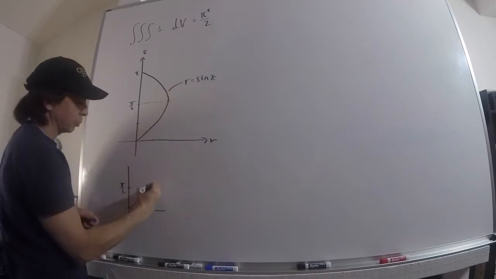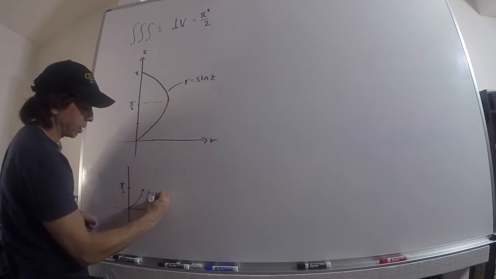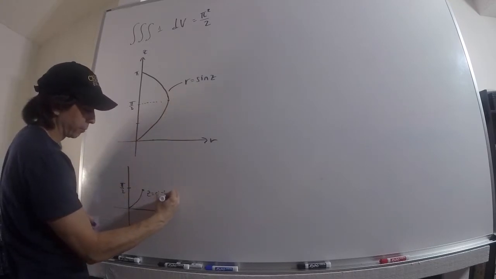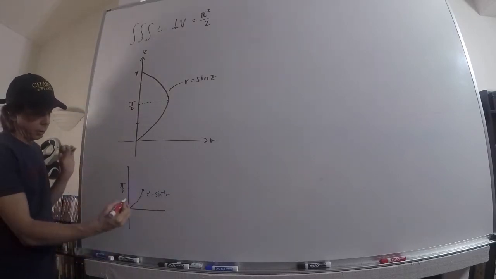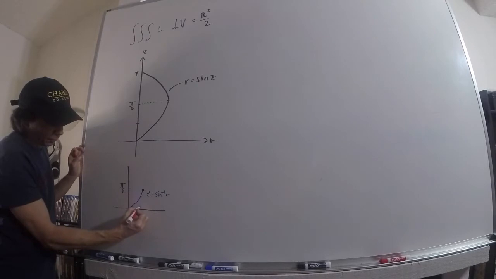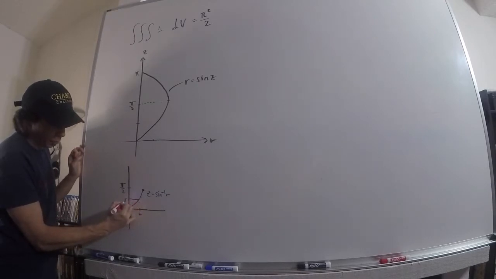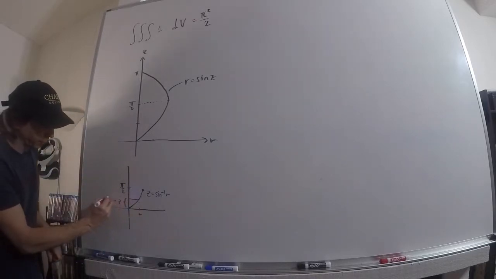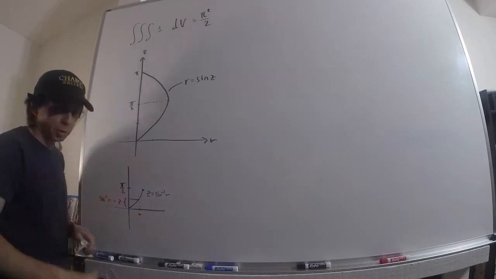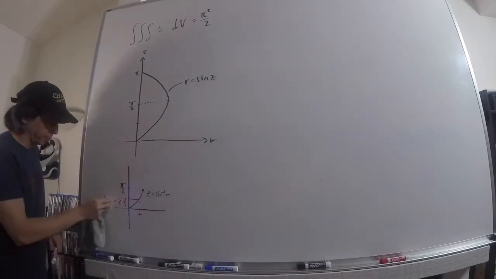I'm rearranging that. I'm doing sine inverse. So z is equal to sine inverse of r. Meaning that for every r that I use, like an r there, this will be z. That'll be equal to sine inverse of r. I'm running small because this is not my main picture.